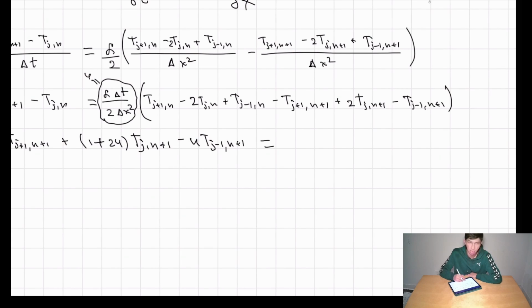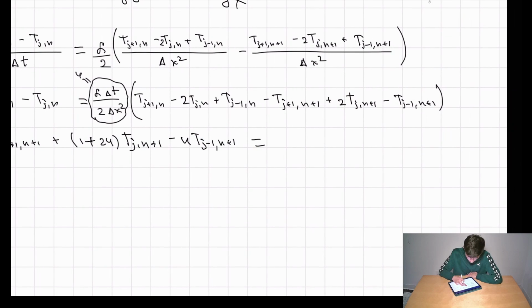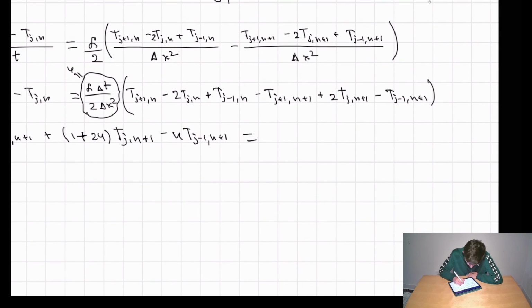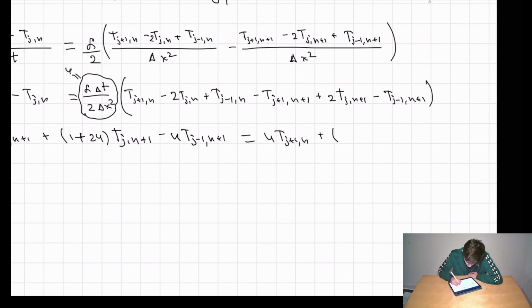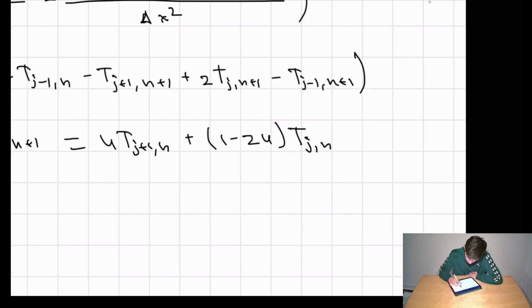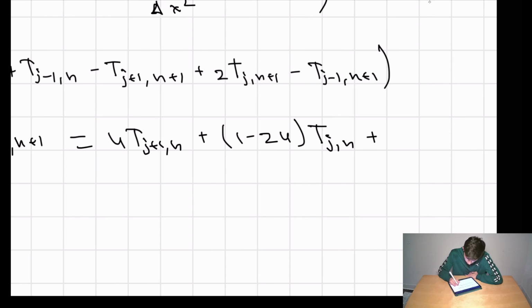On the right-hand side, I have all the temperatures at the current time: u Tj plus 1 at n, plus 1 minus 2u times Tj at n, plus u Tj minus 1 at the current time.